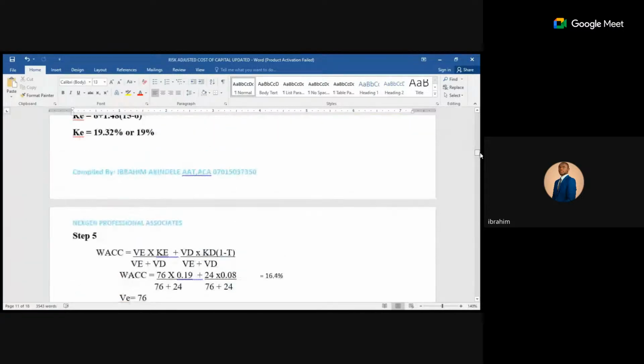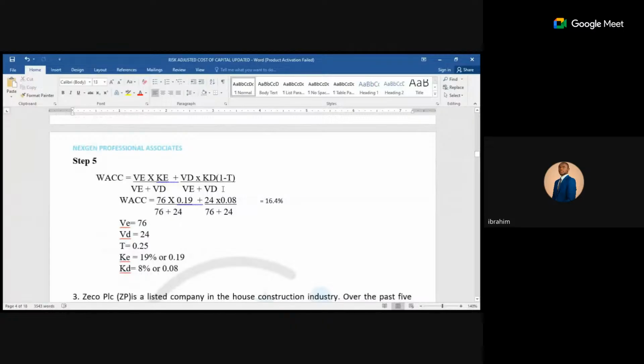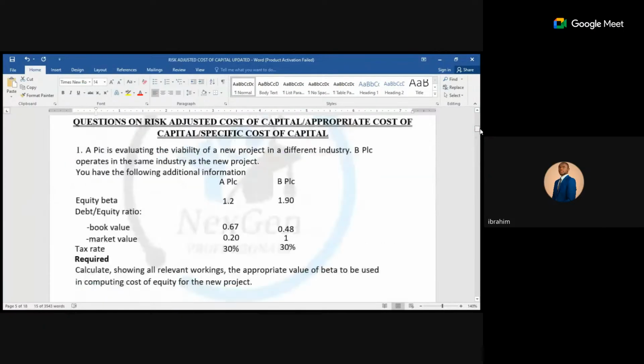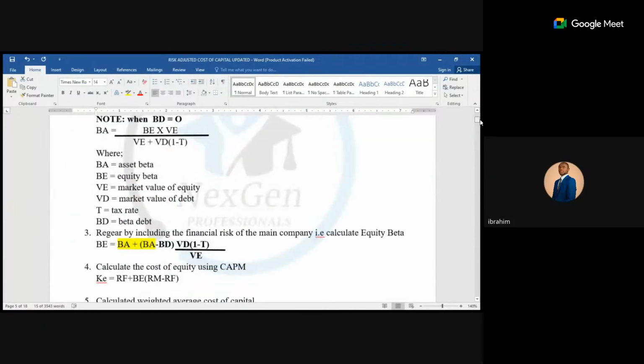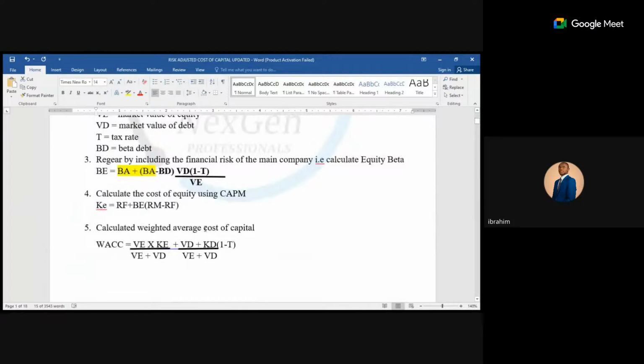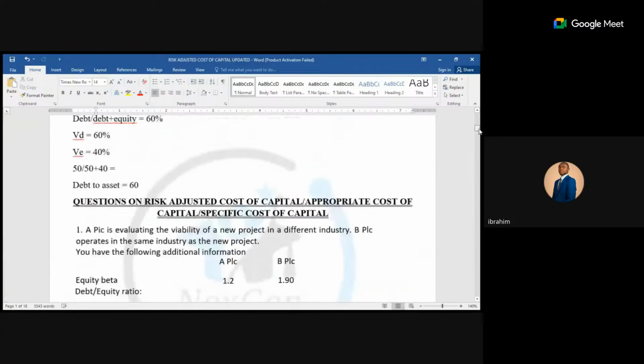Okay, this is the formula. I think I made a mistake in the formula. Let me quickly correct this. Oh, sorry, please. There's a mistake here. It's supposed to be times, not plus. This is supposed to be times KD, please.